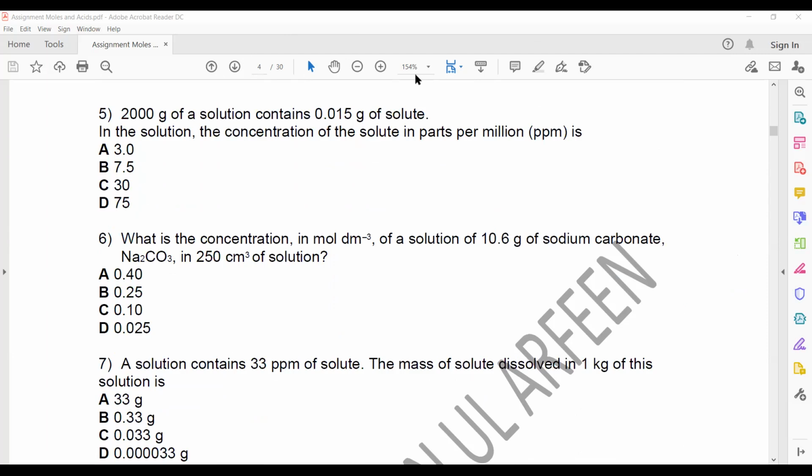Okay, 2000 grams of a solution contains 0.015 gram of solute. In the solution, the concentration of the solute in parts per million is? So how can you find the formula for concentration in ppm?